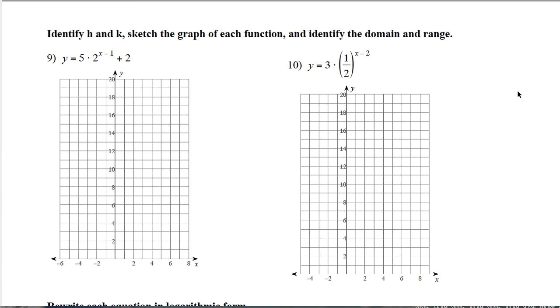H and K and determine the domain and range. Okay. I'm not really going to ask you to identify the H and K. What I will suggest that you do is use the graphing calculator to check your answers.